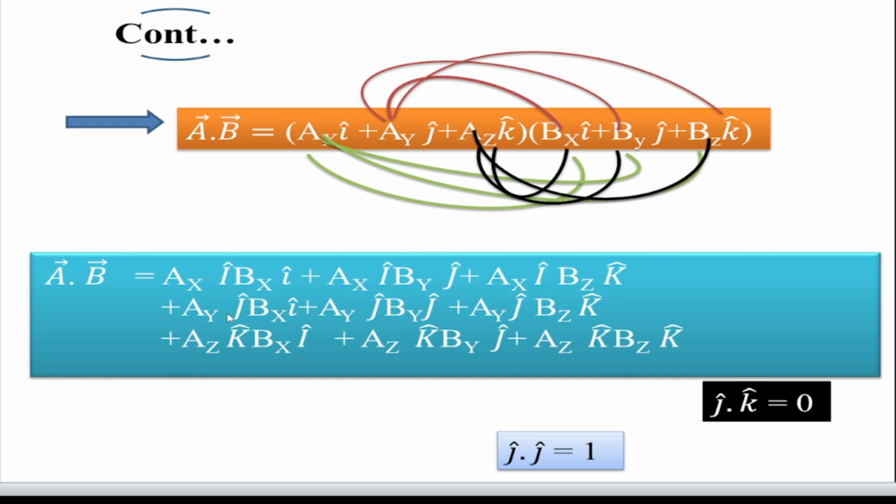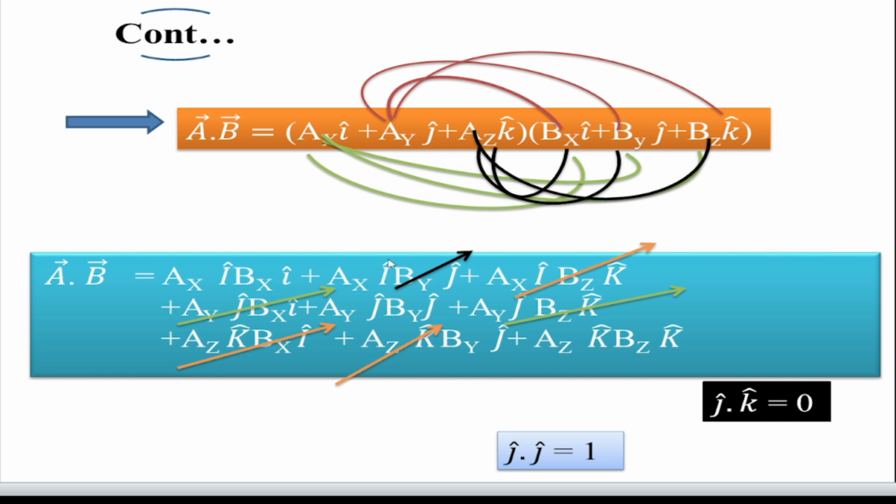The same thing is true for this term, and for this term as well. The same thing holds true for each of these terms. As I said, this term becomes 0.